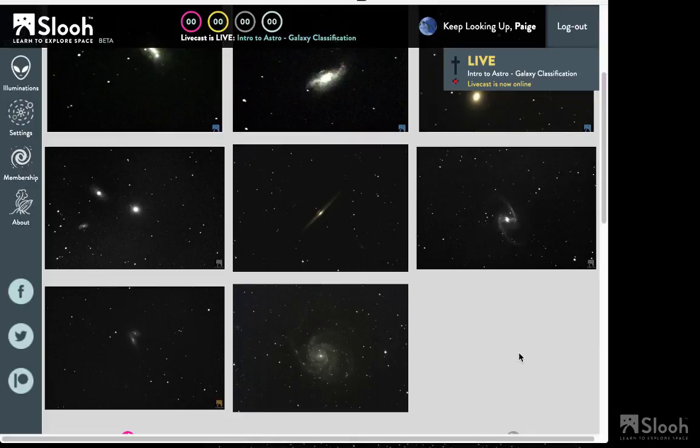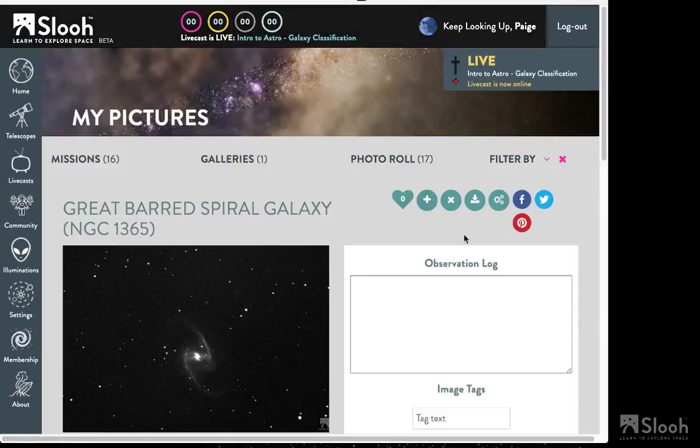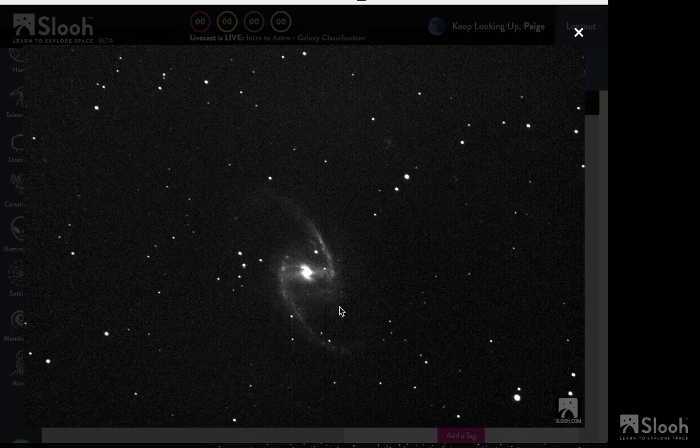So this Pinwheel Galaxy is a pretty good example. But I did mention that our galaxy is a barred galaxy, barred spiral. And so here's an example, I was going to say a great example, but it's called the Great Barred Spiral Galaxy. So that did it for me. Here you can beautifully see the spiral structure. So here's the bulge in the center, this white, not pinpoint of light, but this white kind of big circular light.